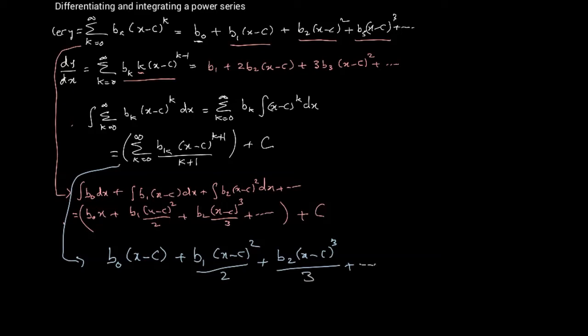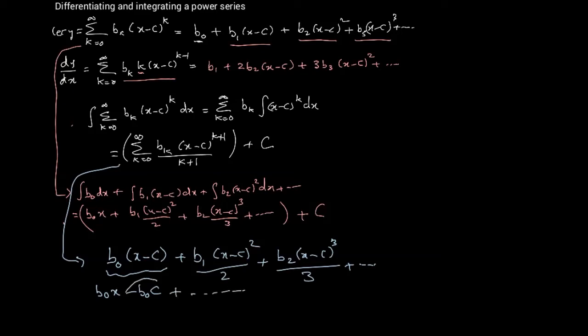Here you might get confused a little bit and say, hold on a second, what is this term? There's a problem, we've made a mistake, or they're not equal. Just relax. We've seen this in integration before. This can be written as b0x minus b0c, plus all these remaining terms.